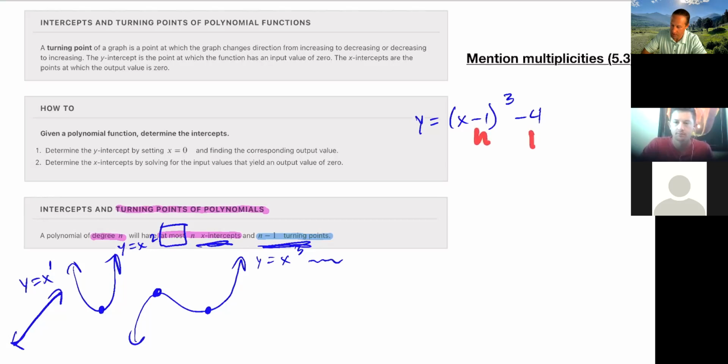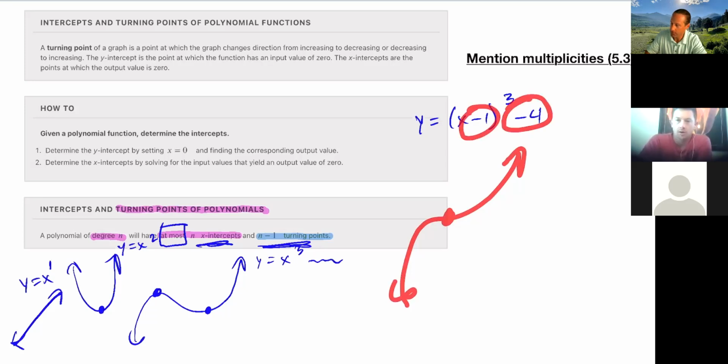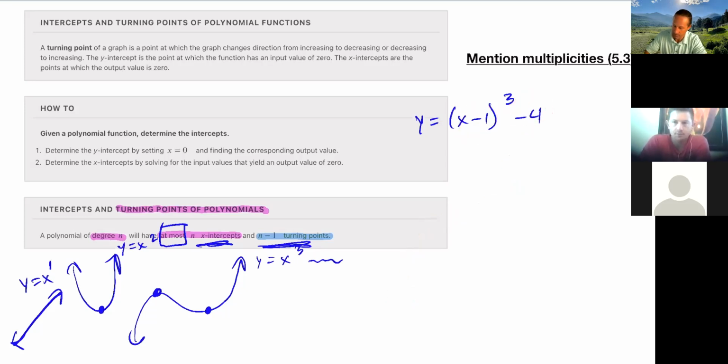Do you see my h, k? Do you see my original function? Then you all know that it should be the x cubed cubic function that we talked about, just shifted what and what? Right 1, down 4.